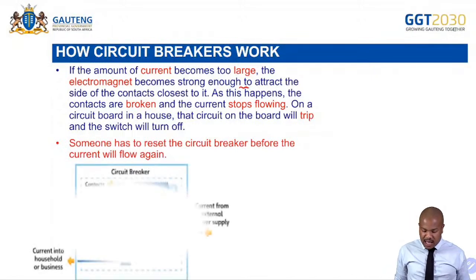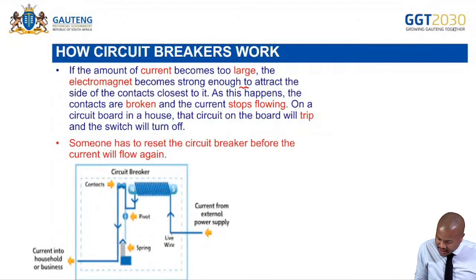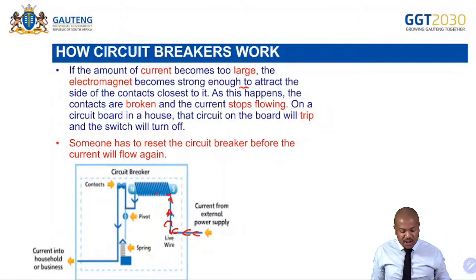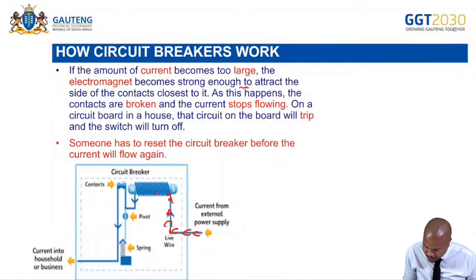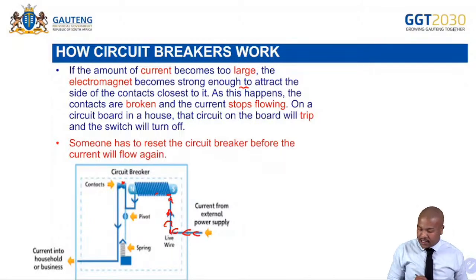Let's look at this diagram here. When the current is too high, the electromagnet becomes strong enough. This is the current flowing in. It becomes strong enough to do what? To attract the sides of the contacts closest to it. Looking at our diagram, we have our contacts.